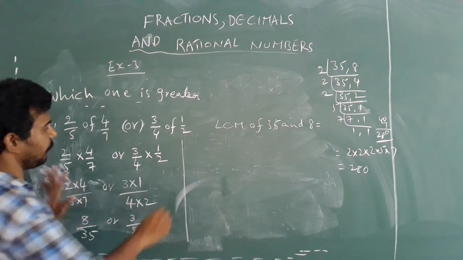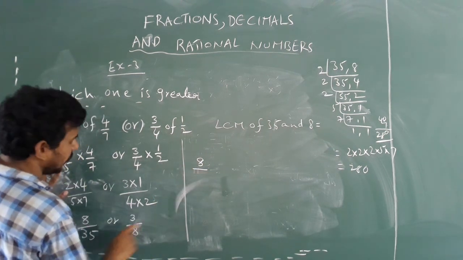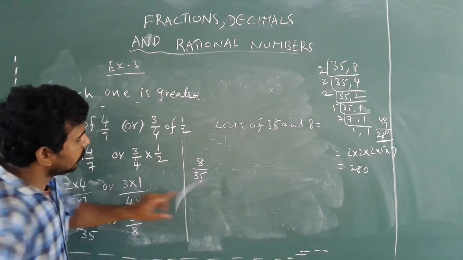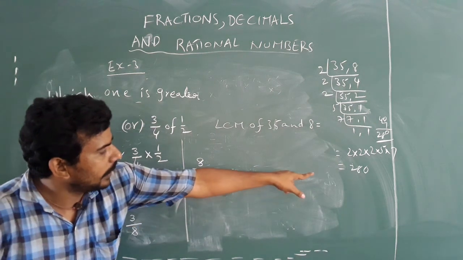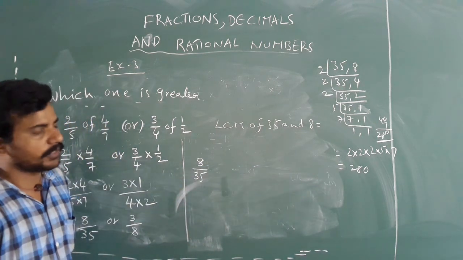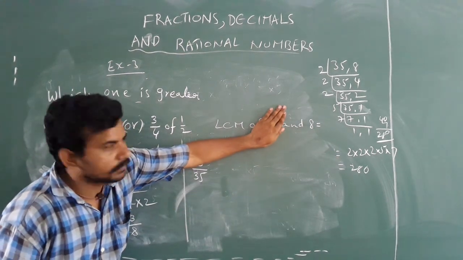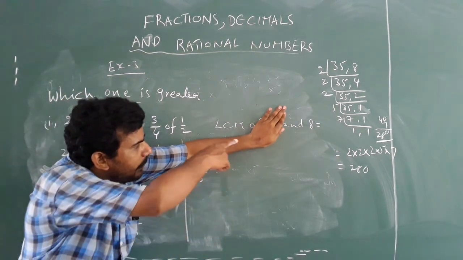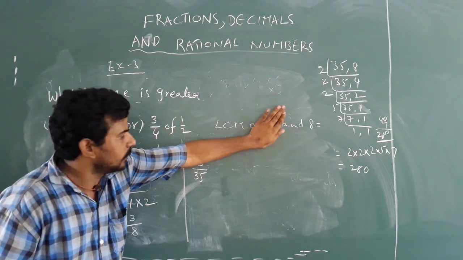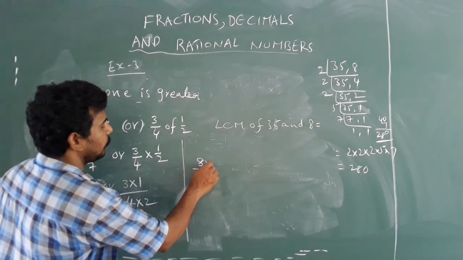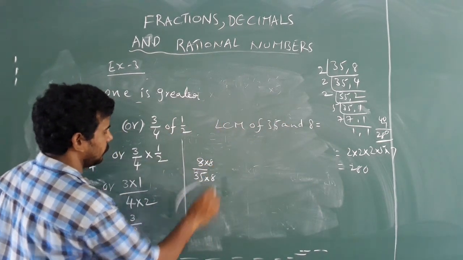So 8 by 35. Now take 8 by 35. This 35 in 280, how many times does it go, children? So take 35. Here 35 closes. What is the remaining number, children? 8. So take 8 into 8.